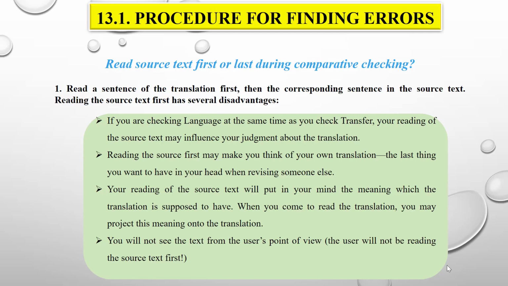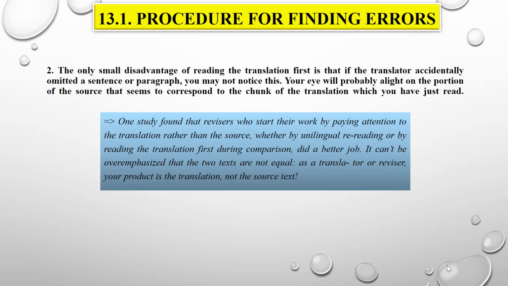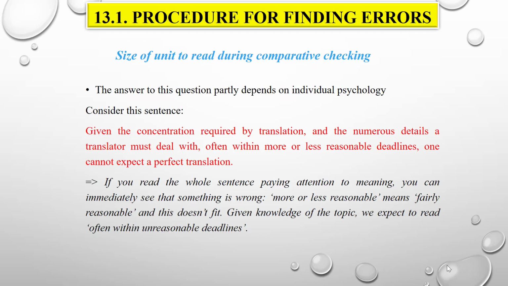And the last question is the size of unit to read during comparative reading. The answer to this question partly depends on individual psychology. How big a unit of text in one language can you keep in mind while you are reading the text in the other language?